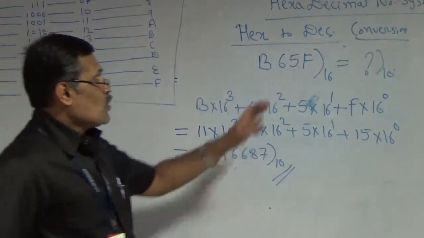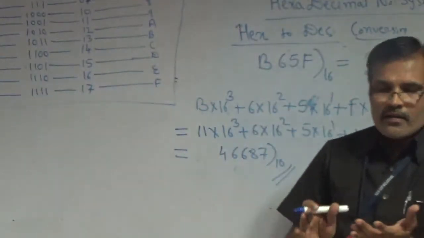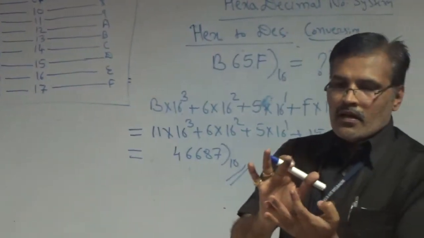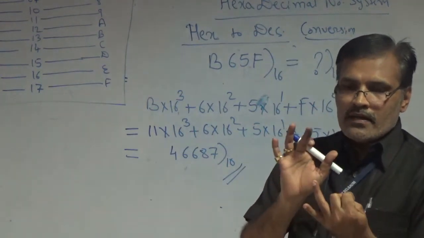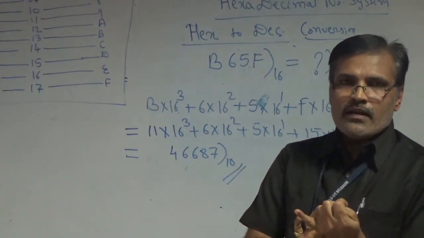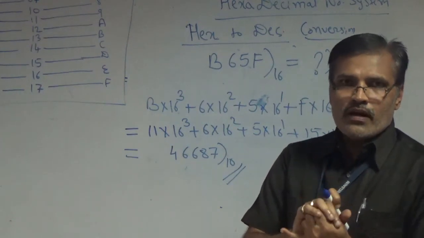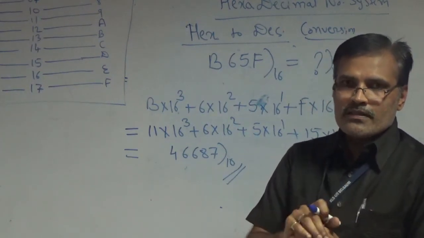Okay. So far we have seen the binary number system, octal number system, hexadecimal number system, and equivalently the decimal number system. So we are well versed with these number systems.